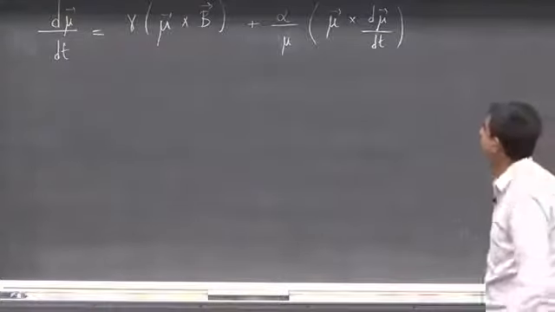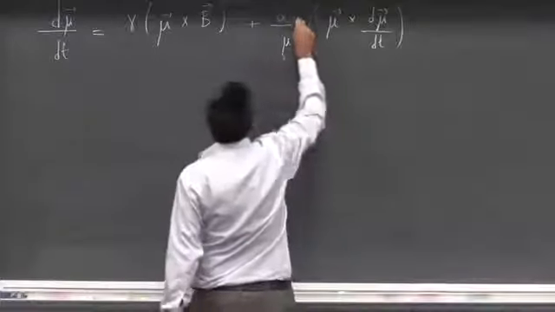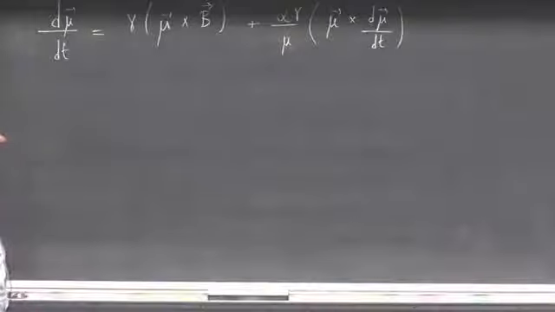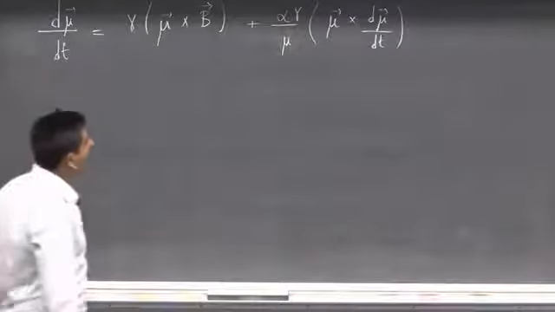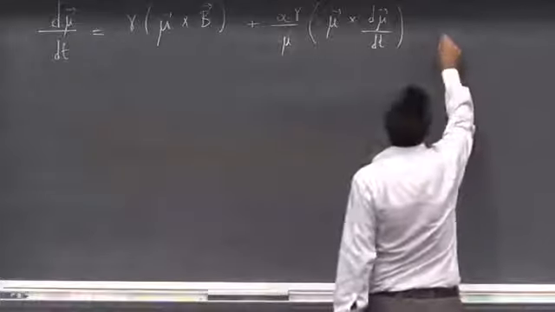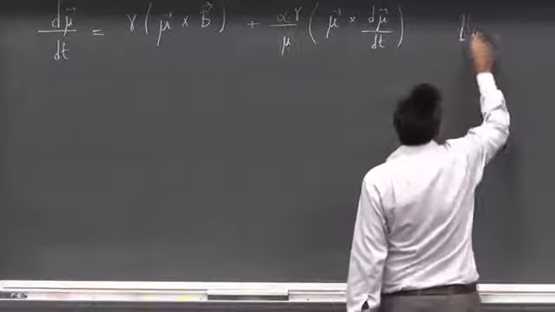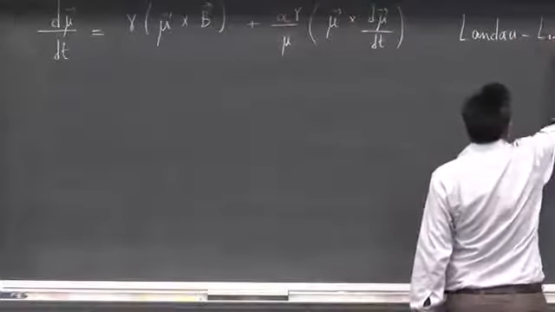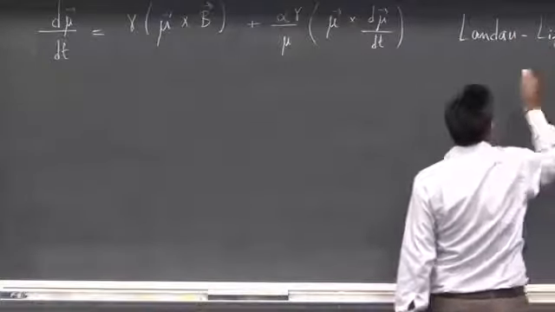Oh, there must be a gamma here too, right? There must be a gamma here as well. So this equation is called the Landau-Lifshitz equation.